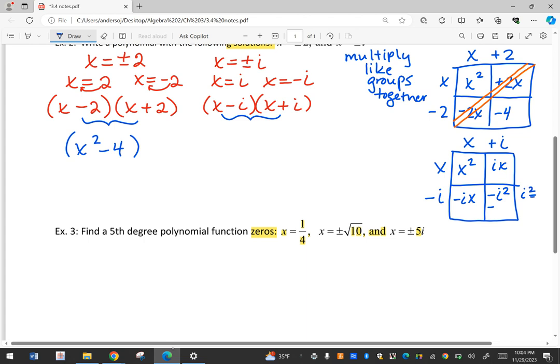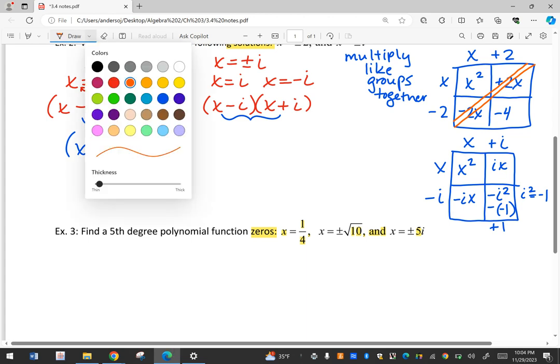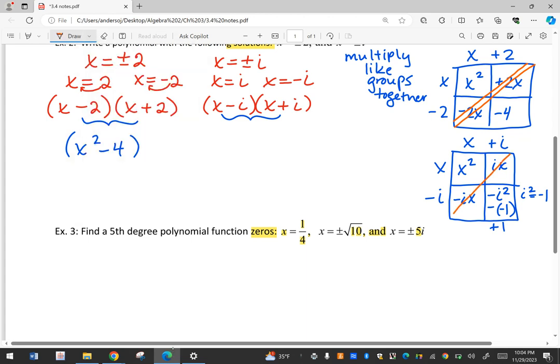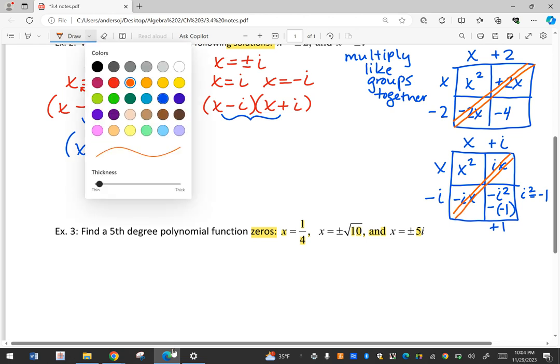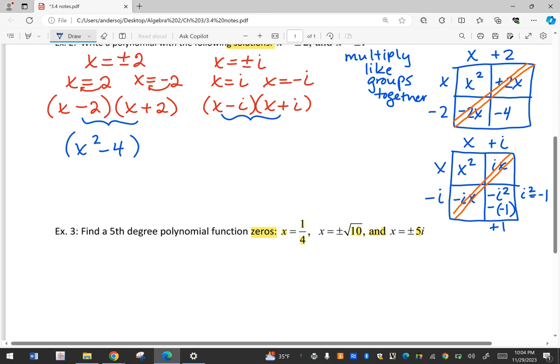Remember, i squared is equal to -1, so I'm going to have a negative -1, which becomes a positive 1. You can see here that these diagonals are going to cancel out because you are multiplying two terms that are the conjugates of each other. So these two together will make x squared plus 1.